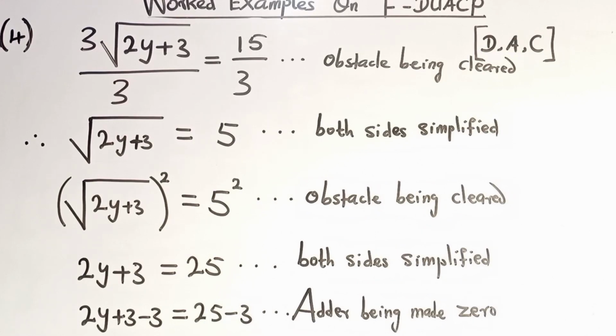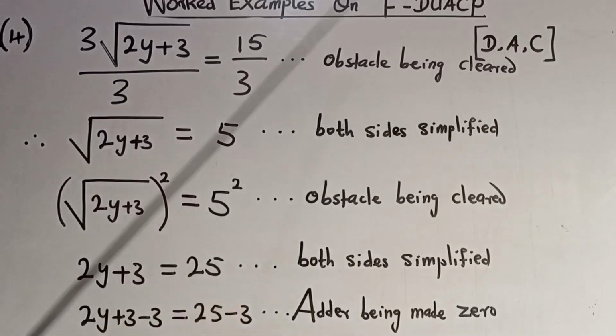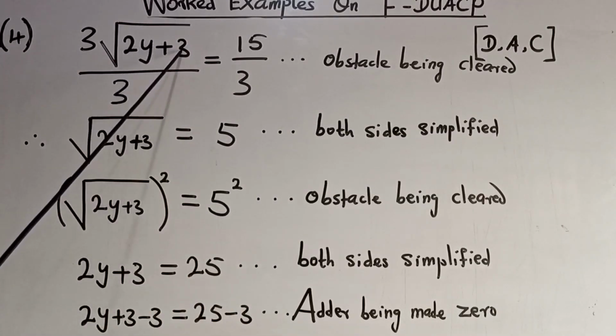Now that we have 3 root 2y plus 3 is equal to 15, the left-hand side is no longer having that adder it used to have. It is now time to think about how to remove this adder. The adder in this case is this plus 3.